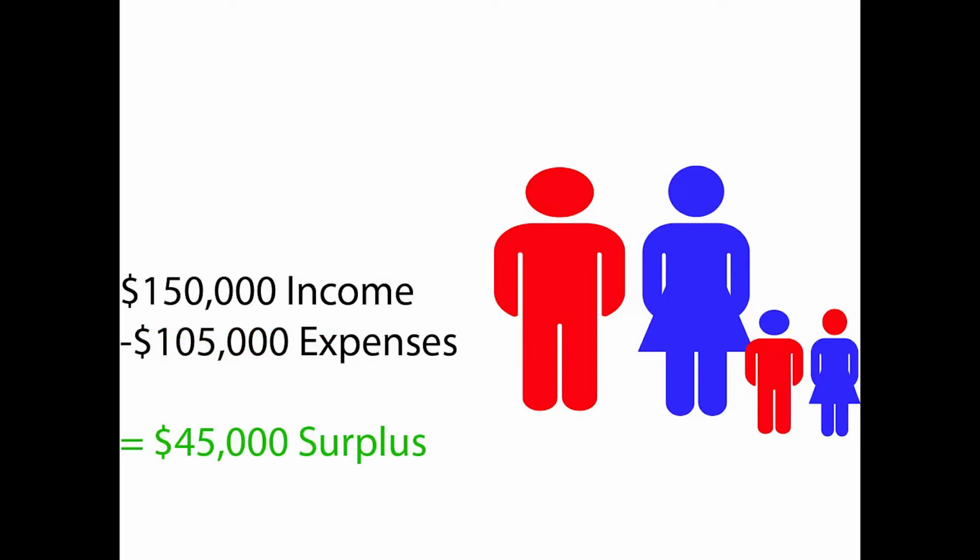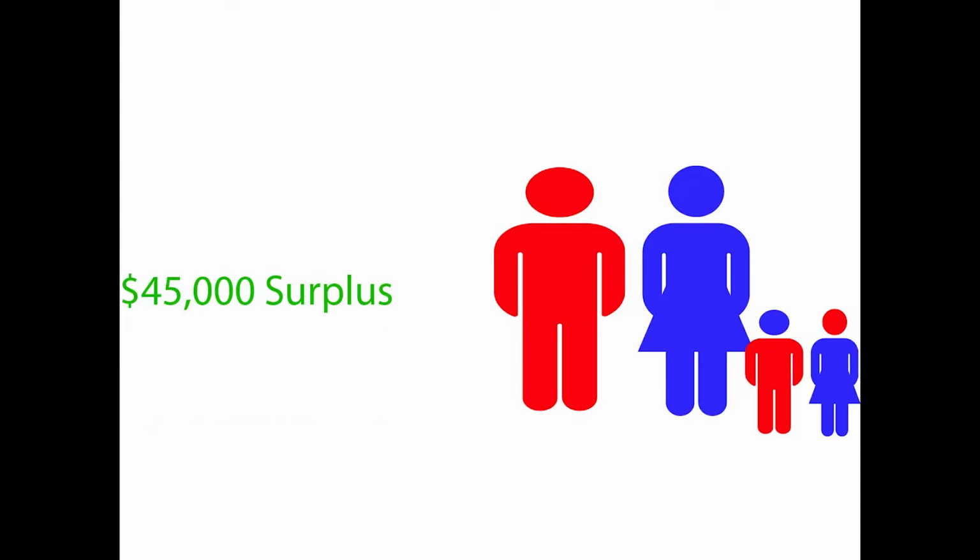This means that there is $45,000 left over that has yet to be spent. So what we see happening here is that there is more money left over than what was needed for the household to operate. This leftover money, $45,000 of it, is known as a surplus.